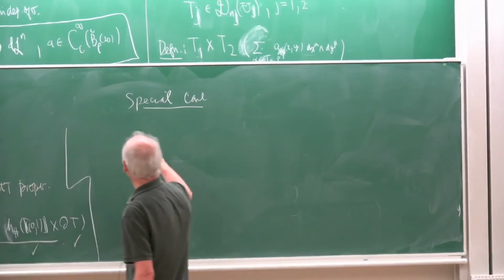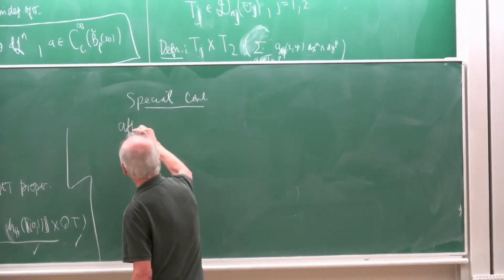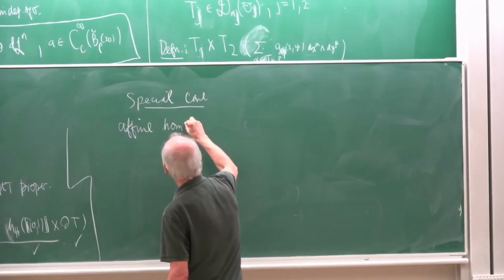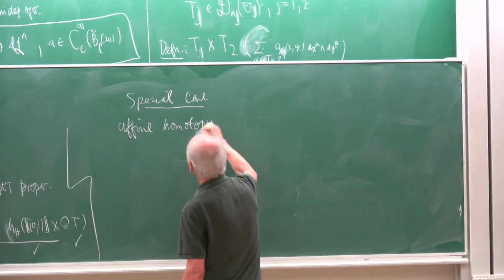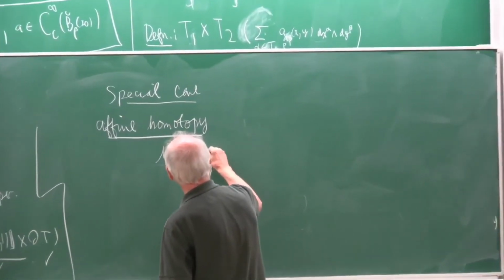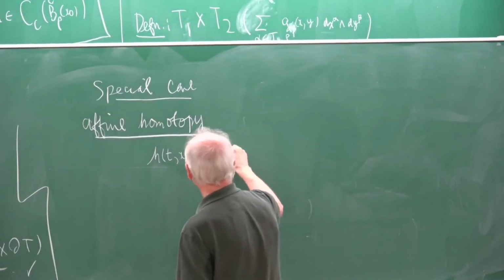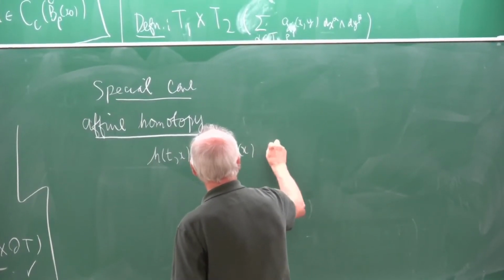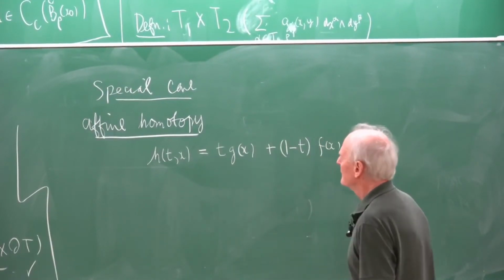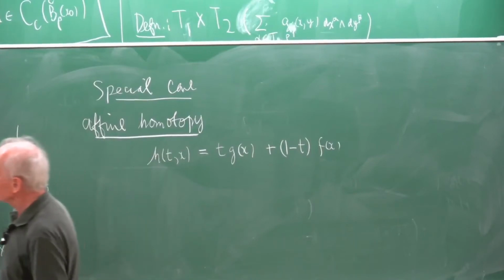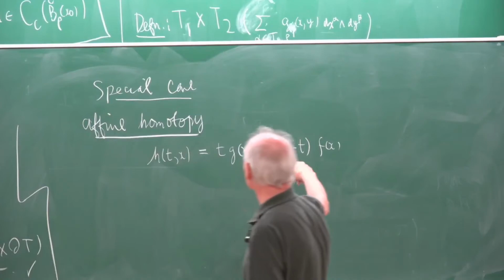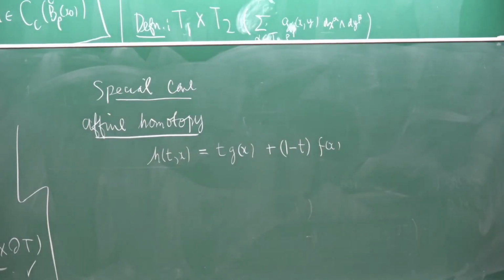I'm going to look at an affine homotopy. So this is one where h_t of x is equal to t g(x) plus (1 minus t) f(x). Notice that's a special case of this, because when you take t equals 1, you get g, and when you take t equals 0, you get f, right? So it's a special case.